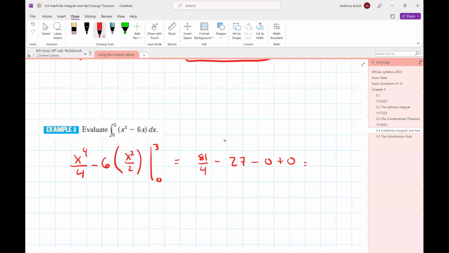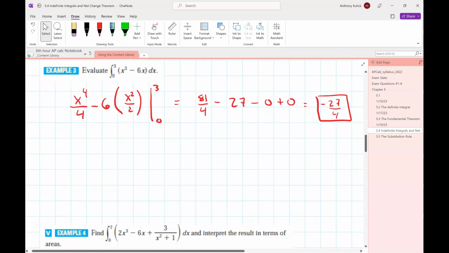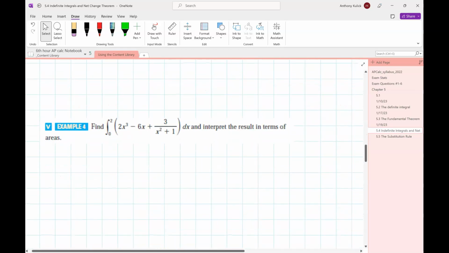So that's going to be 81 over 4 minus 27, which is minus 27 over 4, I think. Not bad mental math for 9:41 in the morning. Okay. Let's try another one.